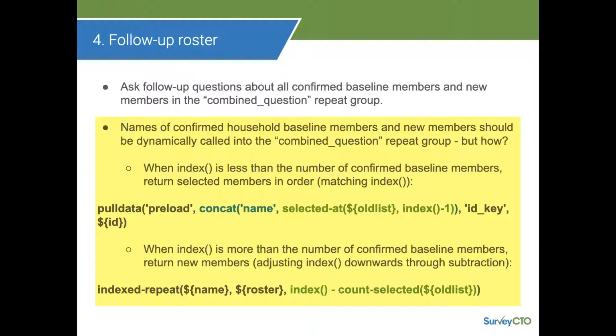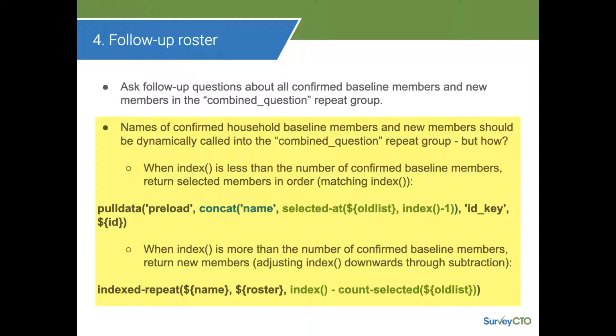This also means that the last argument of indexed repeat here has a value of -1 in the first instance of the combined question repeat group, which makes no sense because there is no such thing as an index of -1.